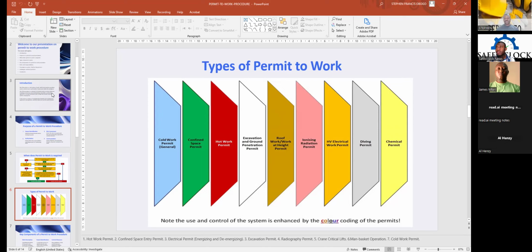But if you work in an industry where there's lifting of materials, high risk lifting activity, for sure you know that you need this. In some cases, in this part of the world, which is always a high temperature area, rarely will you see people using a cold work permit. But in some other areas, when you go to Europe and America, you discover that the cold work permit might be necessary because of the nature of the weather condition.